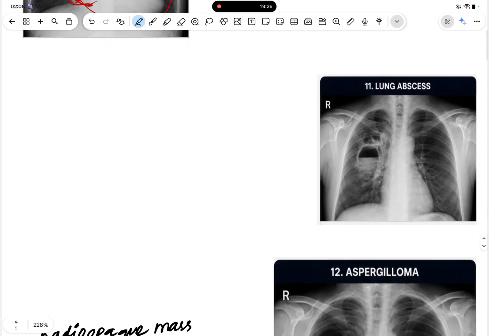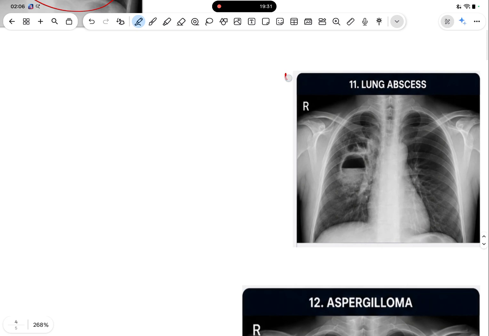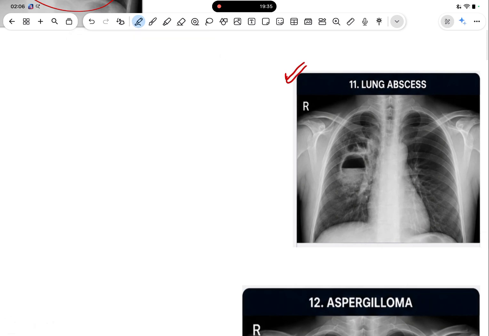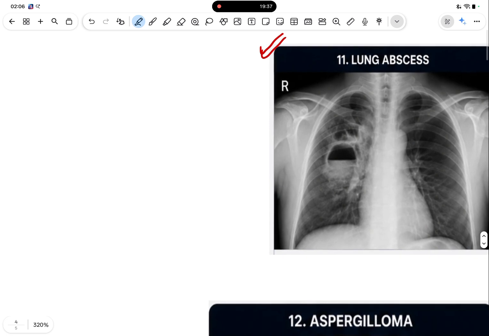Now coming to another important one, lung abscess. In a case of lung abscess, we can clearly see that there is a thick-walled cavity.